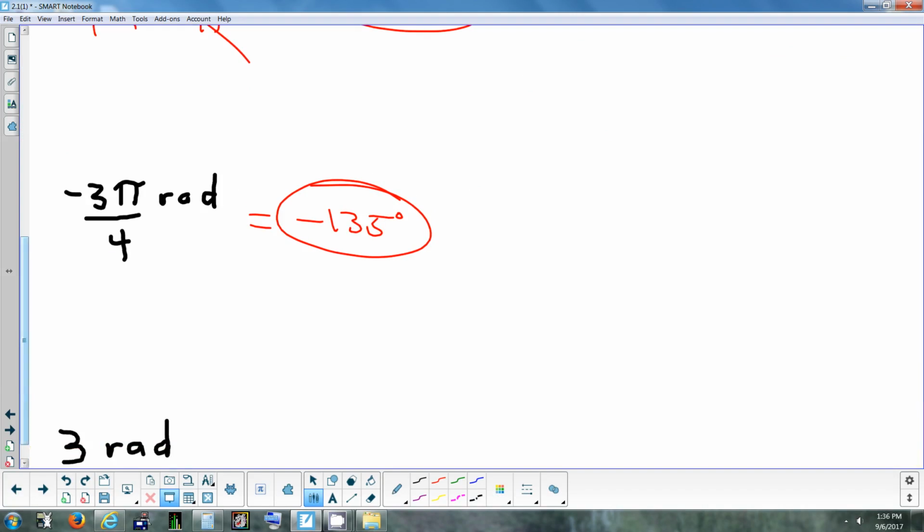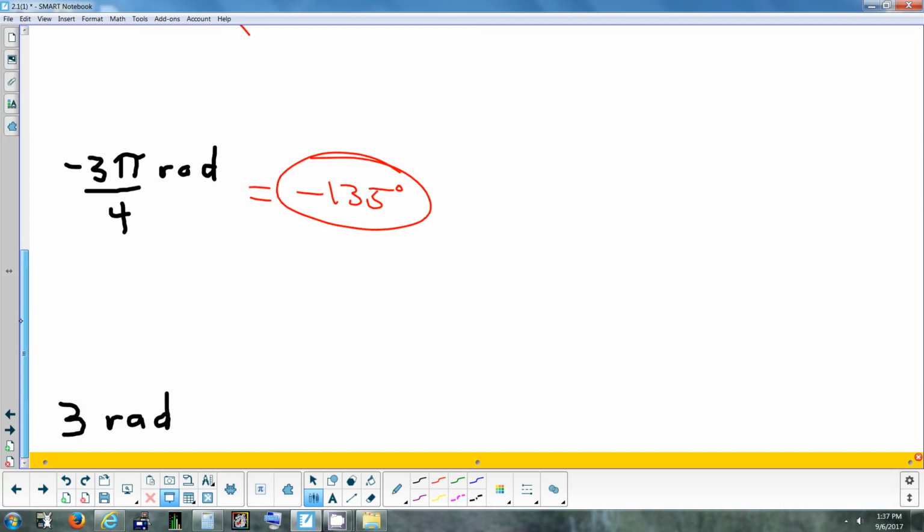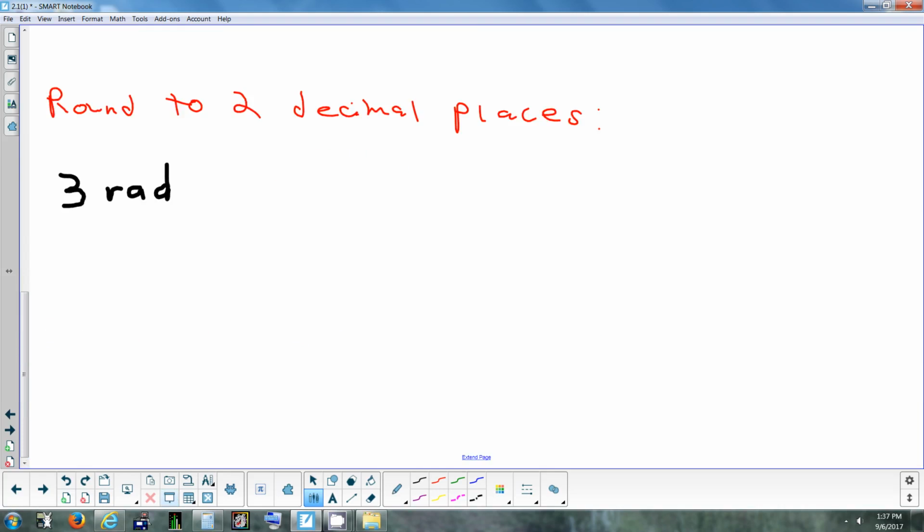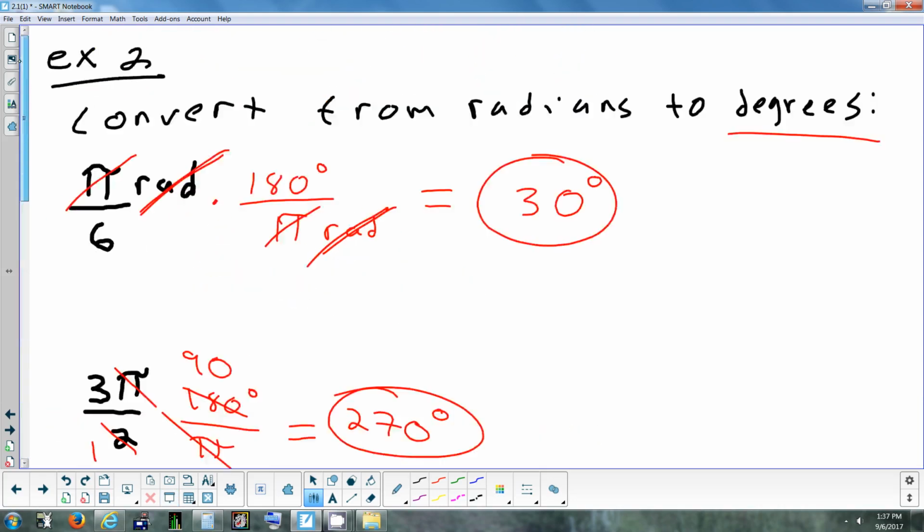Okay, let's try another one where we want to round. And this time I'll show you what happens if you use the pi button versus 3.14. So round to 2 decimal places. Same directions as way up above.